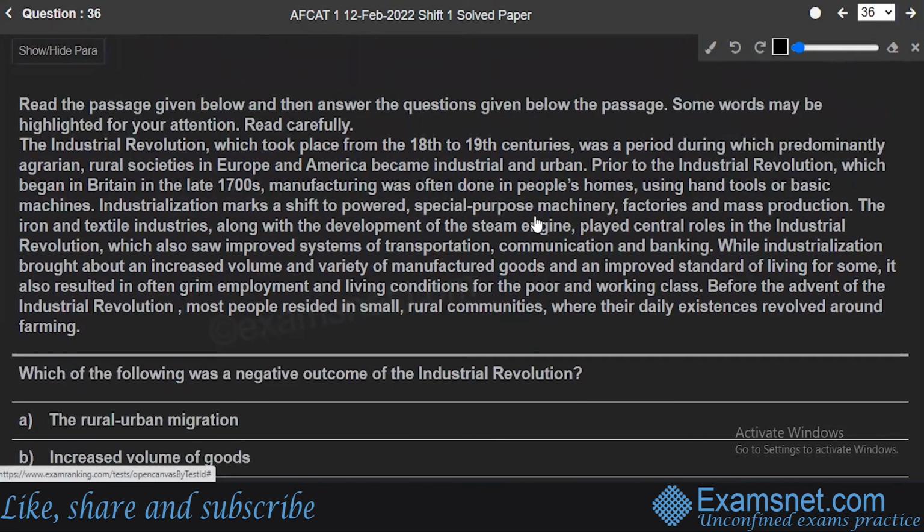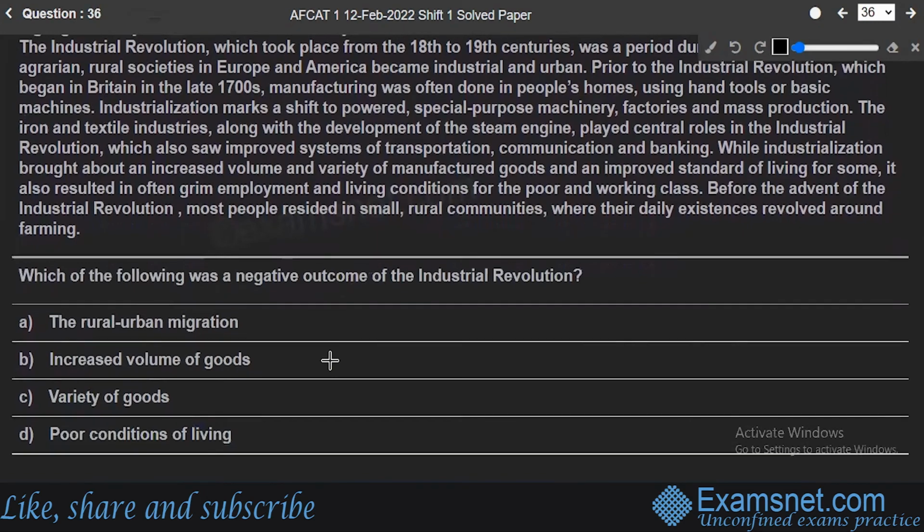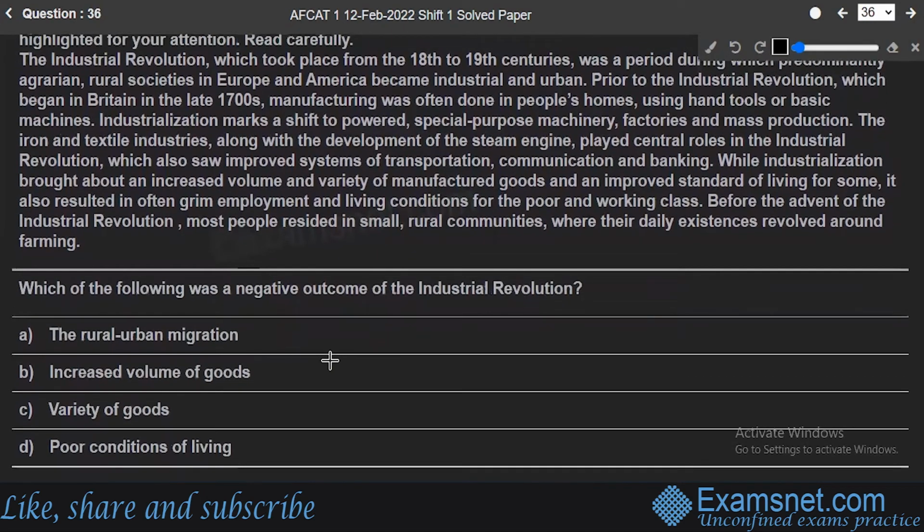Next is question number 36. Which of the following was a negative outcome of the Industrial Revolution? If I'm looking at the first three options, the rural urban migration, increased volume of goods, variety of goods, they are talking about the benefits or the positive outcomes of the revolution. However, the increased demand for labor in factories led to overcrowding of cities like London and Manchester, which resulted in workhouses where families lived crammed together.